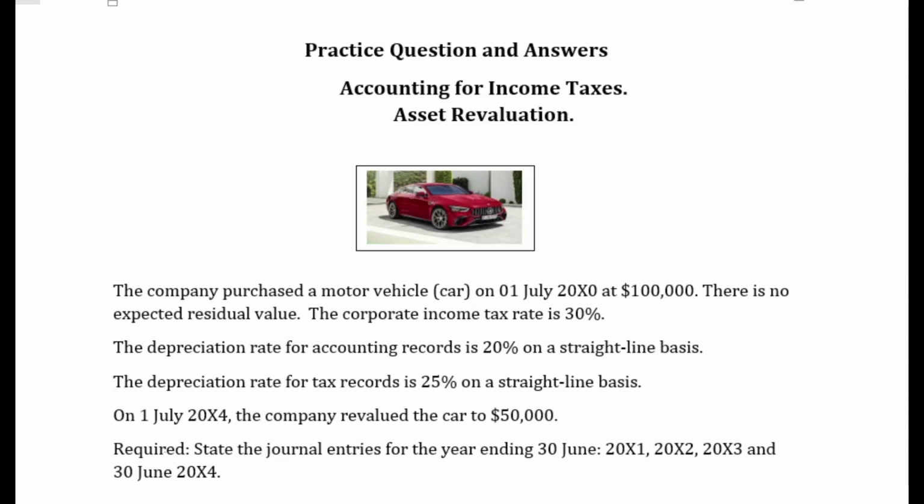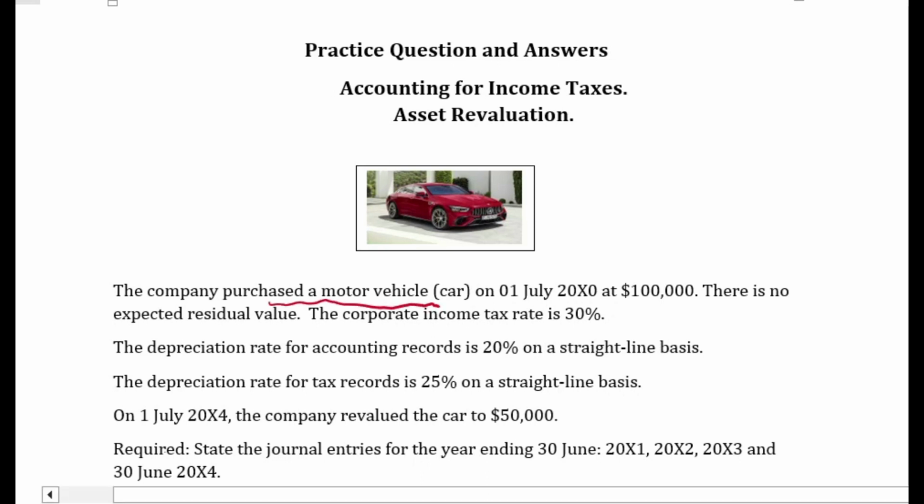In this video, we will look at accounting for income taxes with an asset revaluation. In the example that we have taken here, a company has purchased a motor vehicle, a car, on 1st of July 20X0 for $100,000.